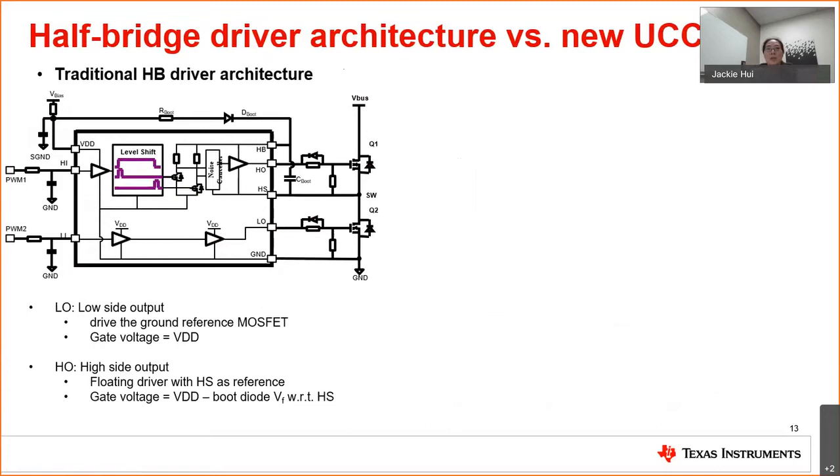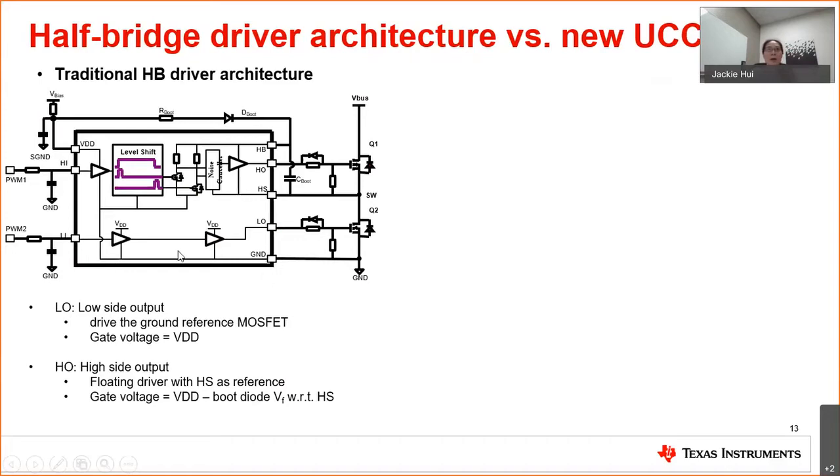That leads to our discussion of the half-bridge driver architecture versus the new architecture that I was mentioning earlier. Let's start with what a traditional half-bridge driver architecture looks like. The picture here shows the most common half-bridge driver.